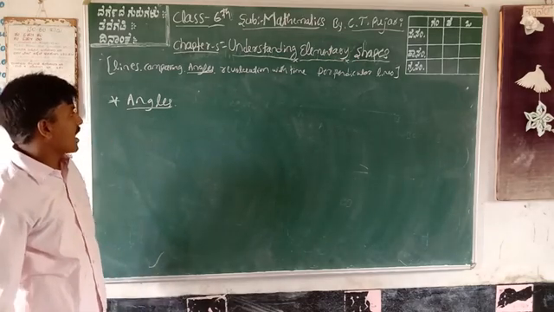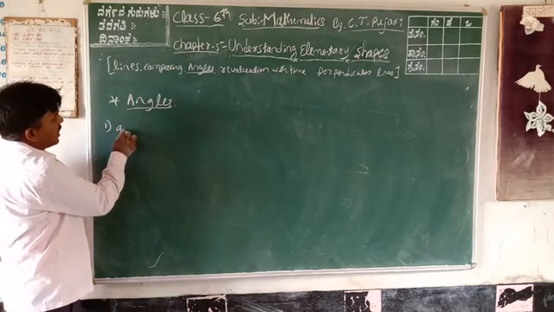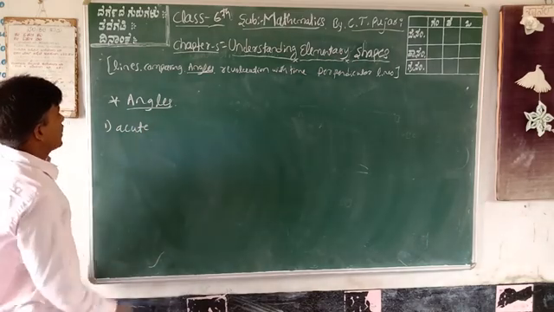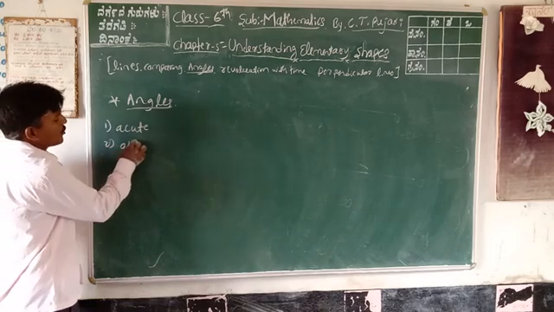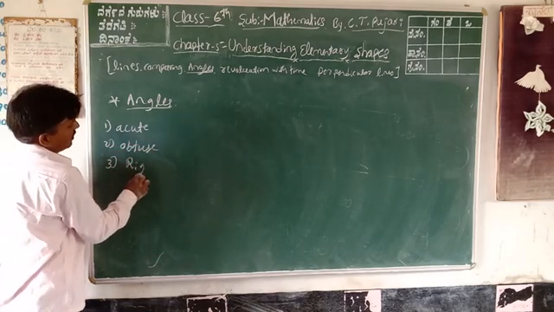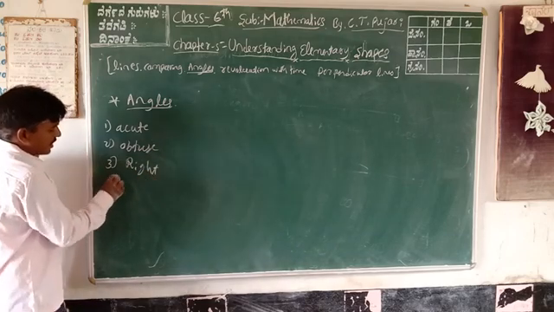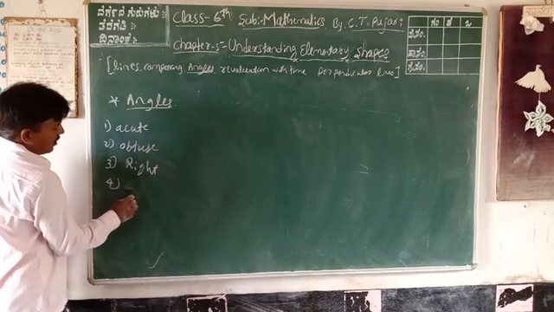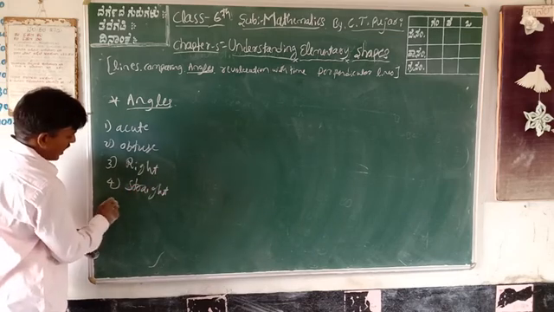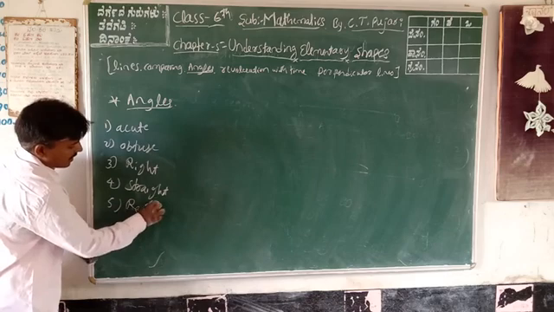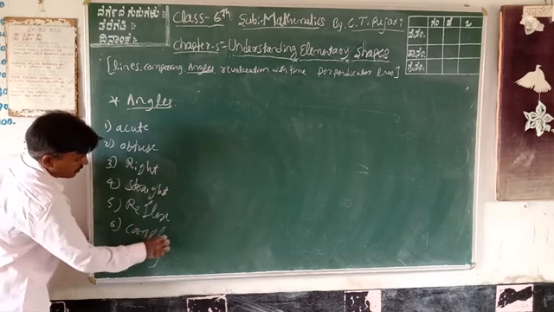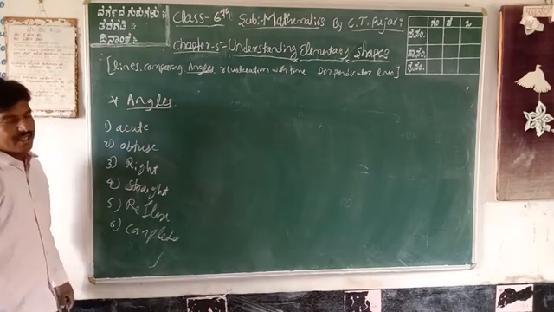Next, we study the types of angles: acute angle, obtuse angle, right angle, straight angle, reflex angle, and the last one, complete angle.